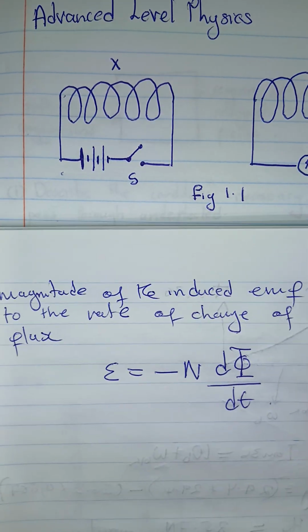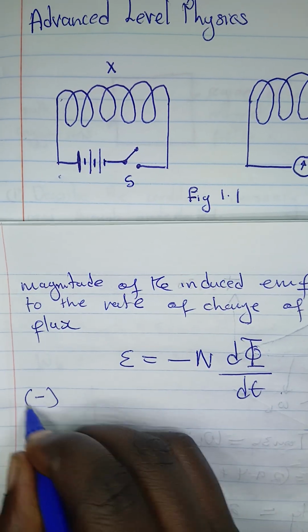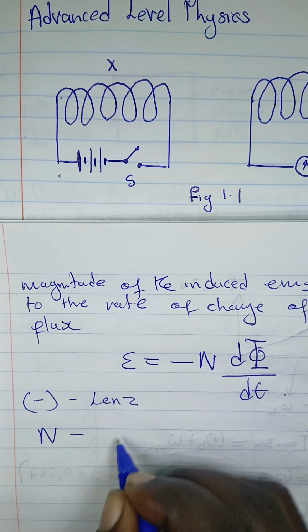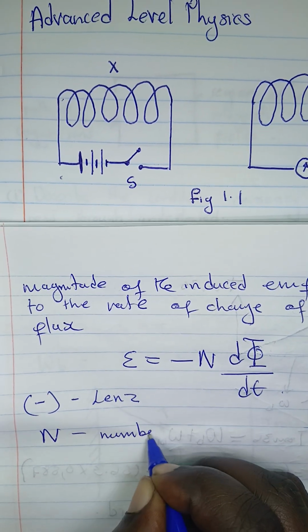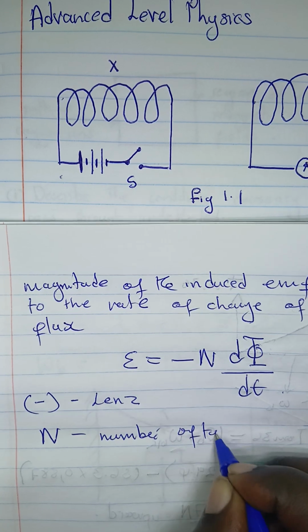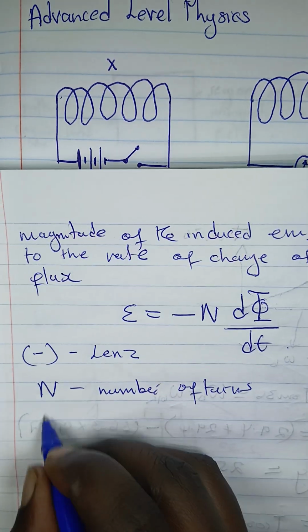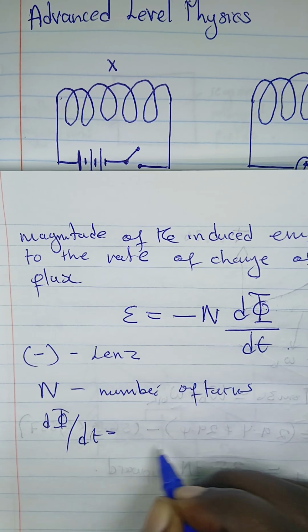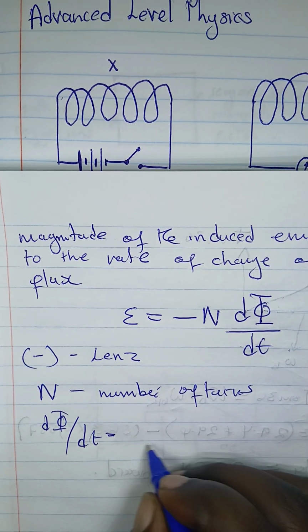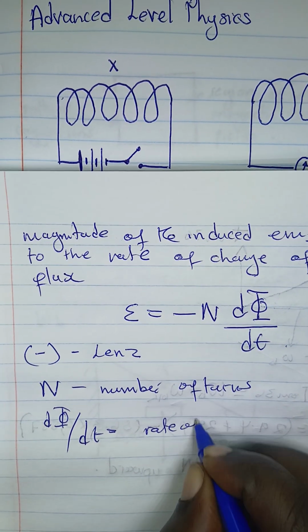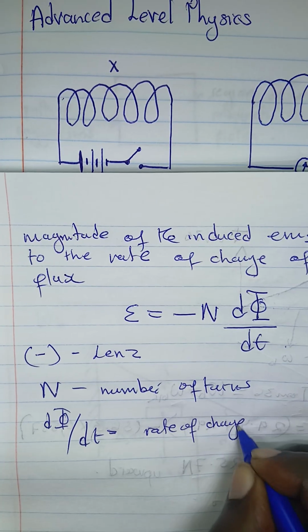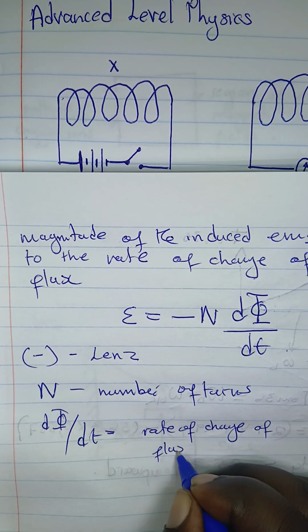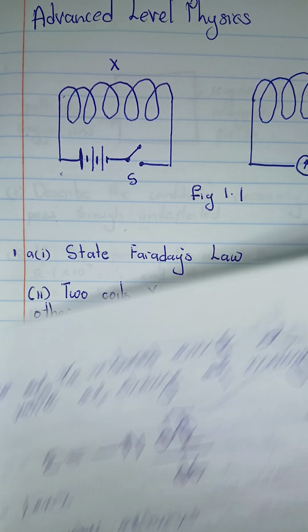So you have to label that the negative is from Lenz, N is the number of turns, and dΦ/dt is the rate of change of flux.